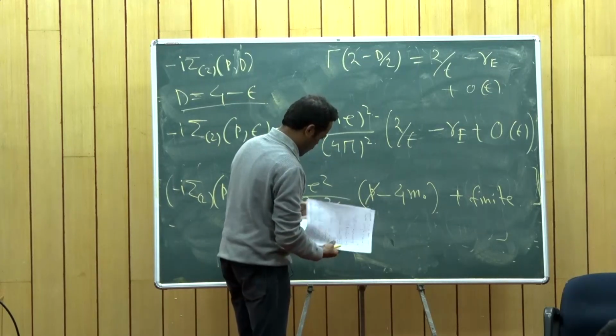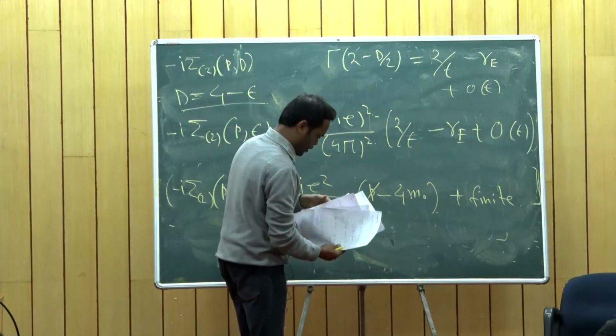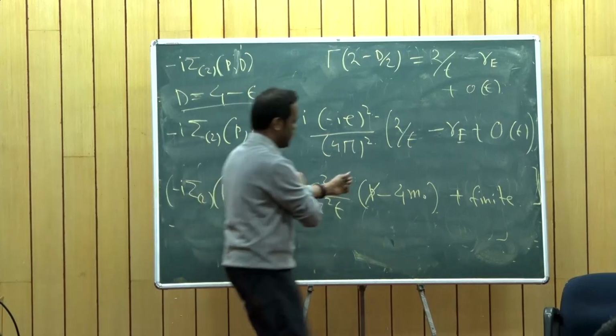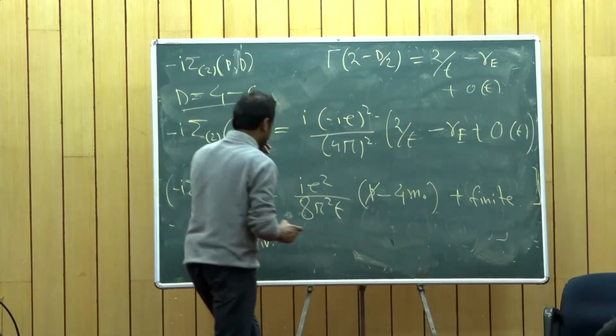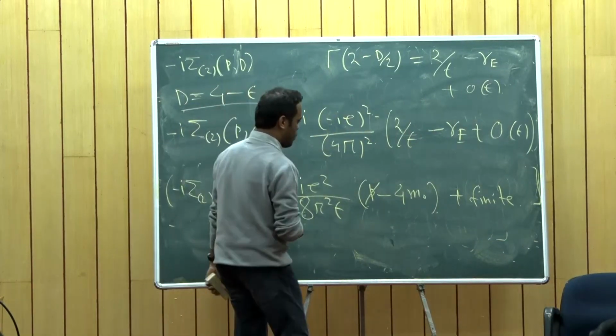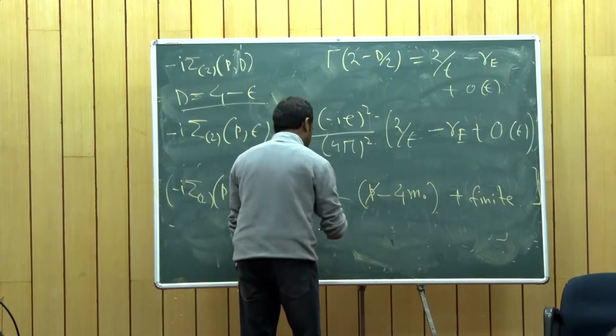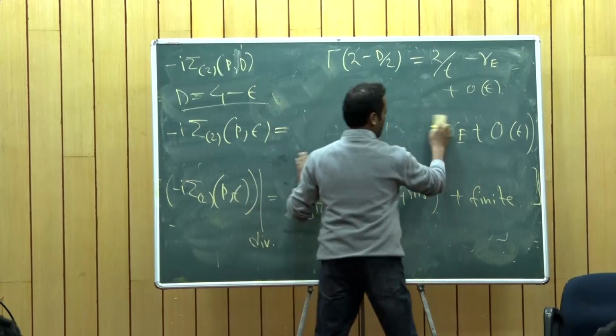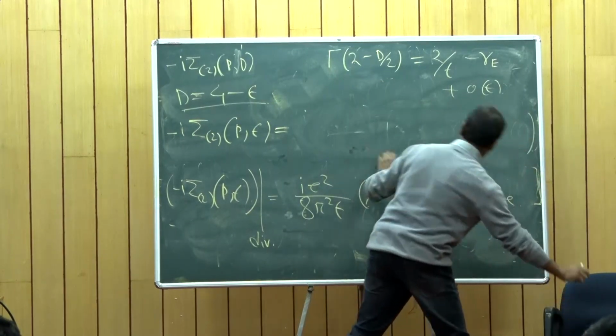If you use the propagator in arbitrary gauge, this will come out to be something like this. There will be an additional contribution from the gauge dependent part of the photon propagator.